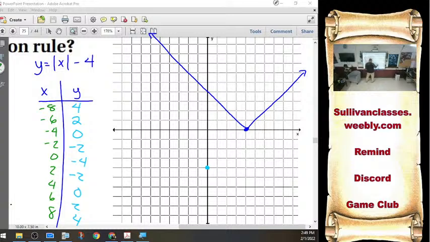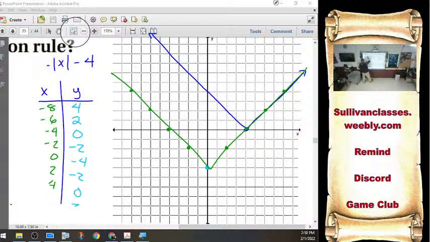I'm going to go from there over 2, 2, 2, 2, 2, 2, 2, 2. It's a very similar graph, it's just somewhere else as a vertex.